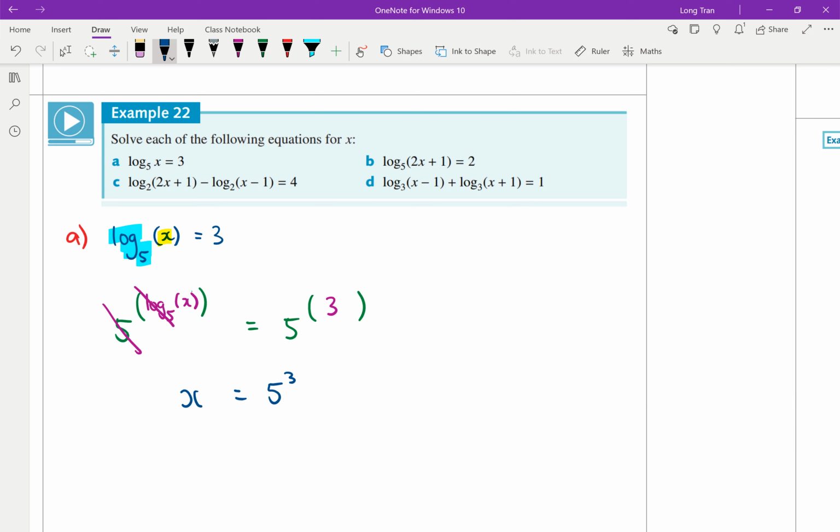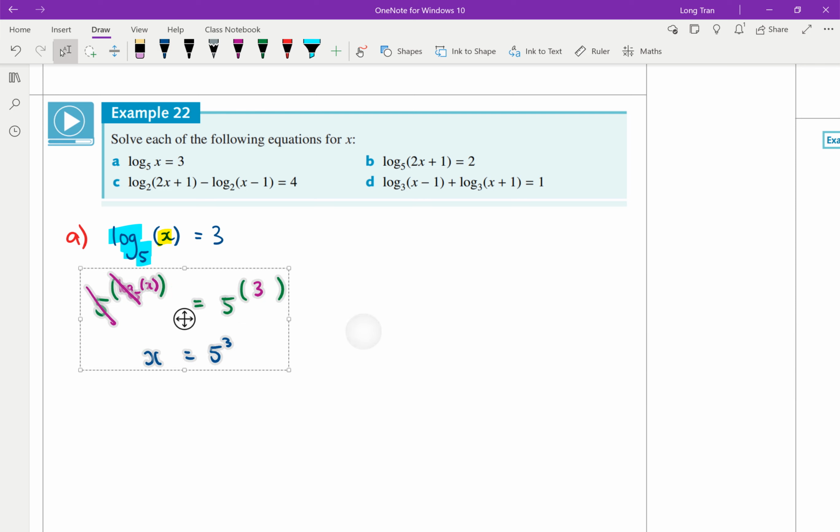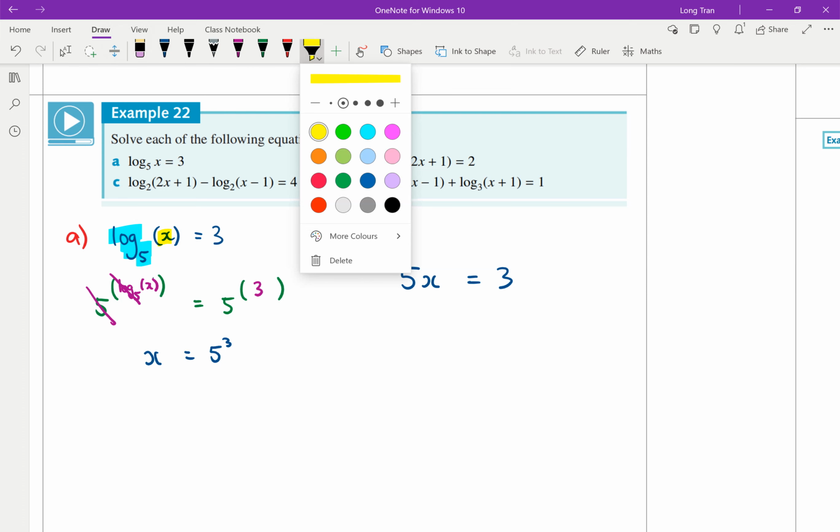Now, for some of you, this may be a bit confusing. Why do they just cancel out? Well, the theory behind it is very straightforward, in the sense that it's similar to what you normally would have done in year 7. Say if I gave you 5 times x is equal to 3, and I said solve for x. What would you have done?